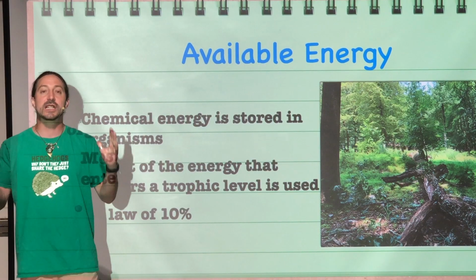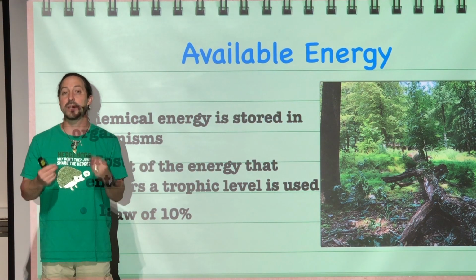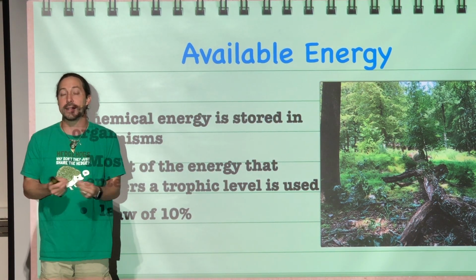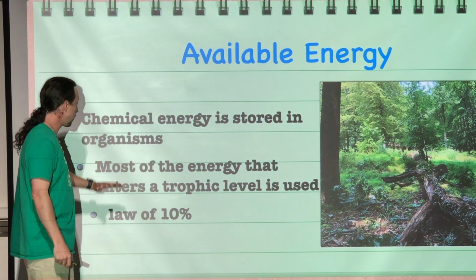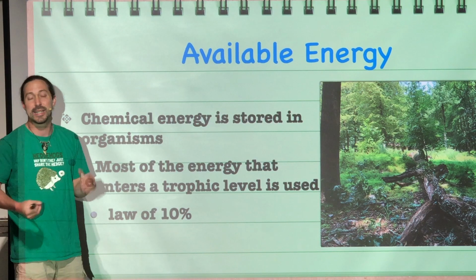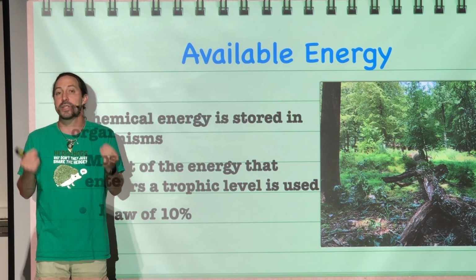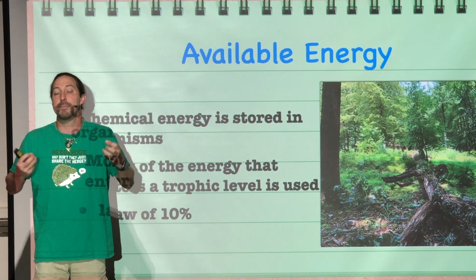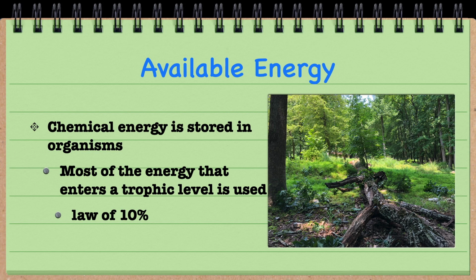That means that only a small percentage of the energy that comes into the trophic level is actually going to be stored in the chemical bonds that make up that particular organism. And this is called the law of 10%, because it's approximately 10% of the energy that enters into a trophic level is maintained within that trophic level. The rest of the energy is used up either maintaining the characteristics of life or as waste.